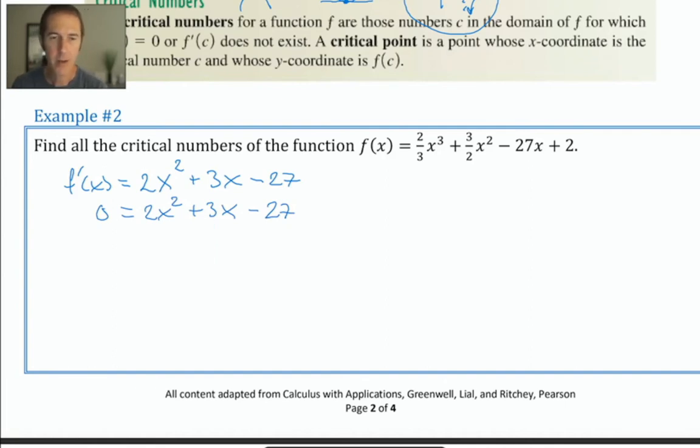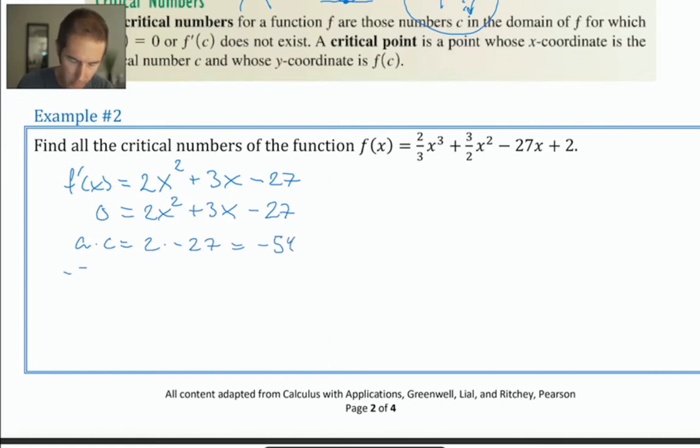And since I just determined that 6 and 9 are 3 units apart, I think I'm going to be able to factor this. So I'm going to try to factor this using the AC method. Remember that this is ax squared plus bx plus c. So those are my 3 values. A times c is equal to 2 times negative 27, which is equal to negative 54.